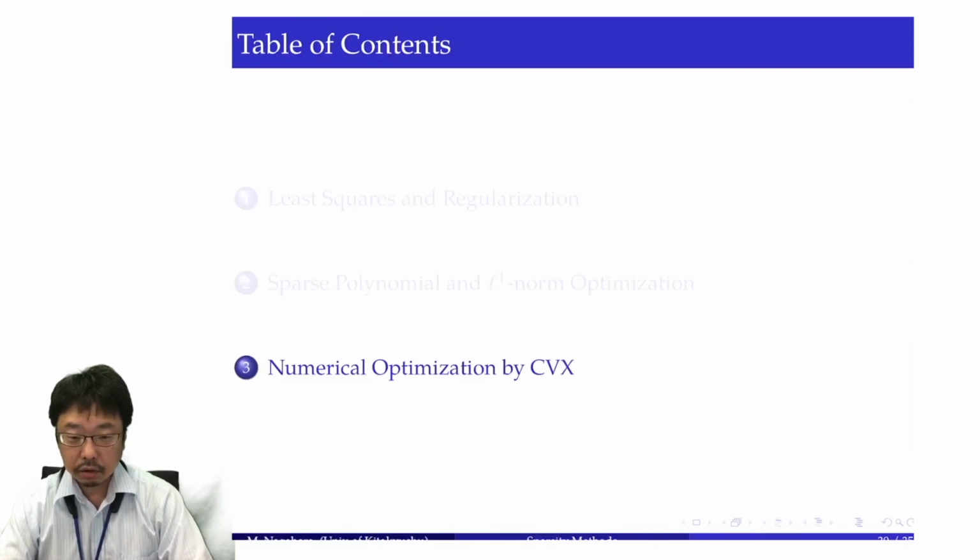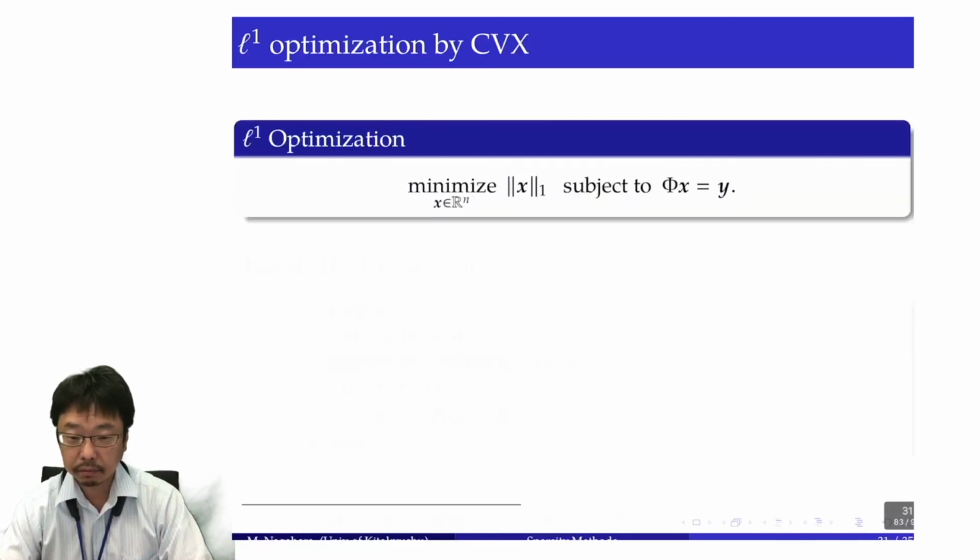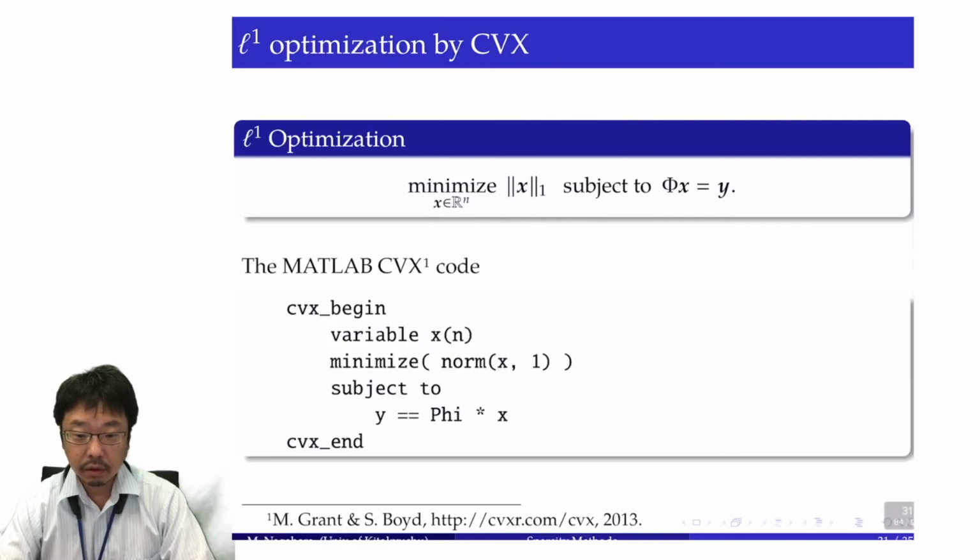Now, let's solve the L1 optimization by numerical optimization by CVX. The L1 optimization problem is given by this. For this problem, we can code by using CVX on MATLAB like this.